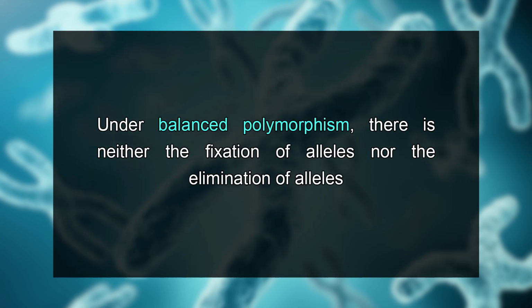Under balanced polymorphism, there is neither the fixation of an allele nor the elimination of alleles. If the heterozygote of any mutation is fitter than the mutant homozygote and confers an adaptive advantage, then the mutation is maintained at an intermediate balanced frequency rather than being fixed.